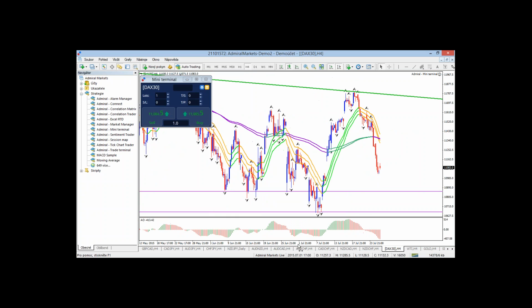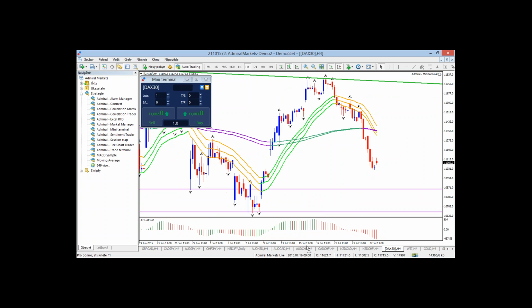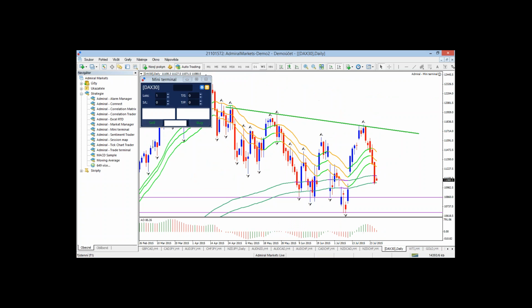And the 4 hour chart just doesn't look interesting at all with its ups and downs like that. Yeah, so tough chart, I think. We got a lot of momentum to the downside, but support is not far away.